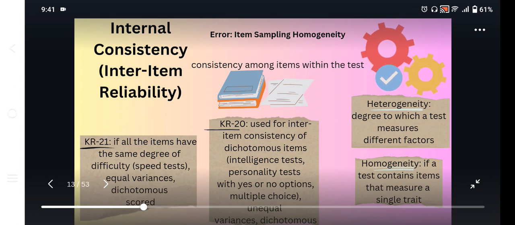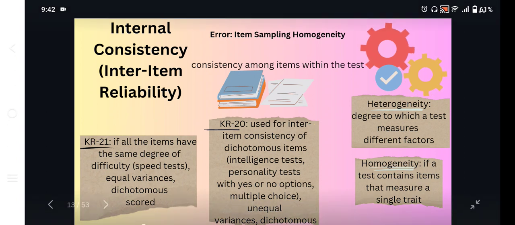Okay? The higher the number of items, the higher the reliability estimate. Since each subtest is half as long as the full test, the reliability estimate would deflate since each half would be less reliable than the whole test. Okay?